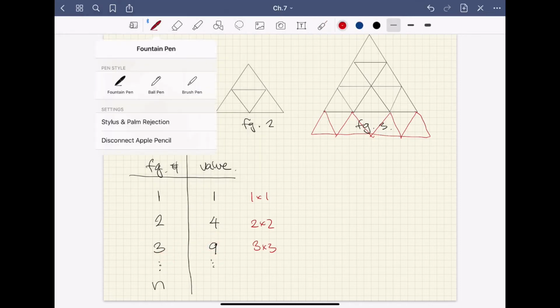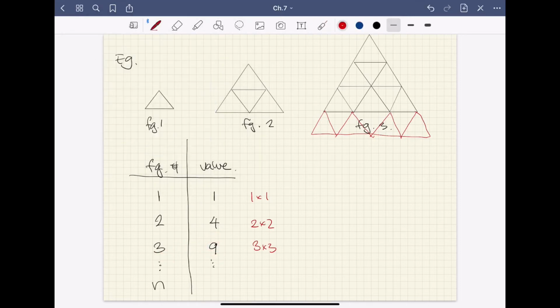So if we have the nth figure, then what is my pattern? It will be n times n. So we know for the nth figure, the value will be n squared triangles.